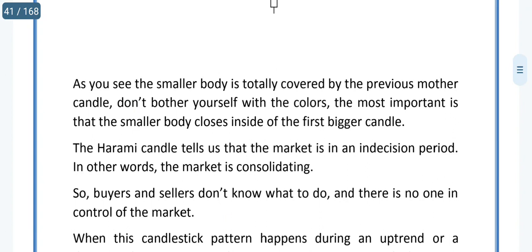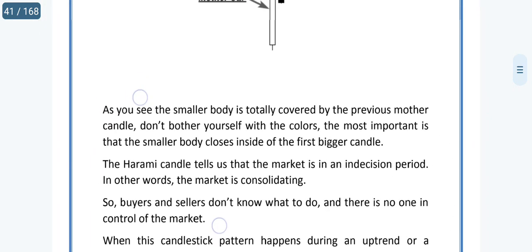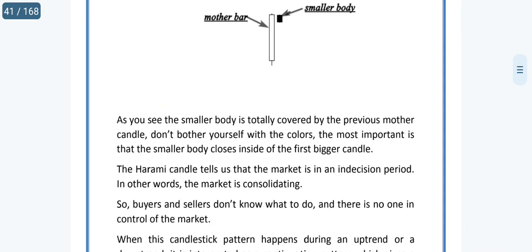Don't bother yourself with the colors. The most important thing is that the smaller body closes inside of the first bigger candle. The Harami candlestick pattern also tells us that the market is in an indecision period.